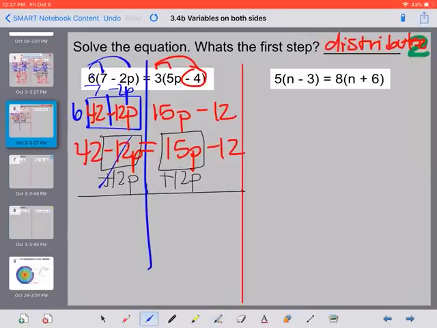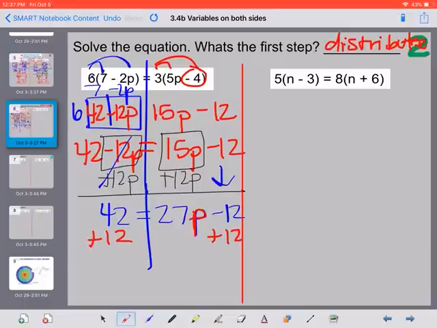12 minus 12 eliminates, so we have 42 equal to now 27p minus 12. I just brought that 12 down. Now that we have all the p's together, get rid of adding and subtracting. Add 12. Those eliminate. We have 27p equal to 54.